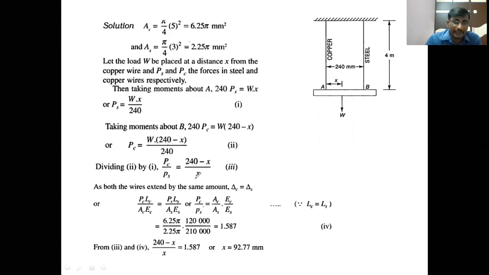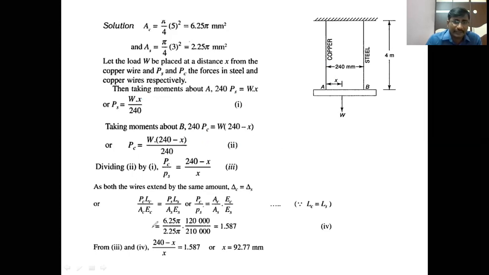W is cancelled, and 240 is also cancelled. The remaining value is 240 minus X in the numerator and X in the denominator. So PC by PS is equal to 240 minus X divided by X. Keep it as the third equation.